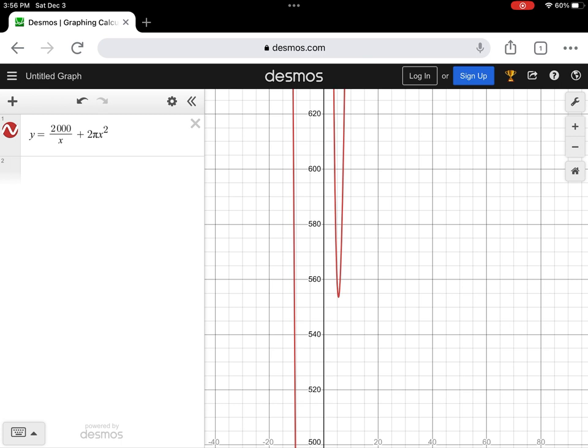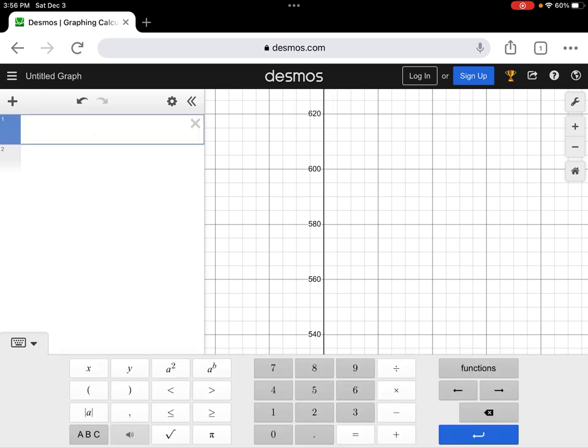So if we go to Desmos, X this out, and we're going to type in that function we just came up with. So we have y equals 4x cubed, and then it was minus 64x squared plus 240x.